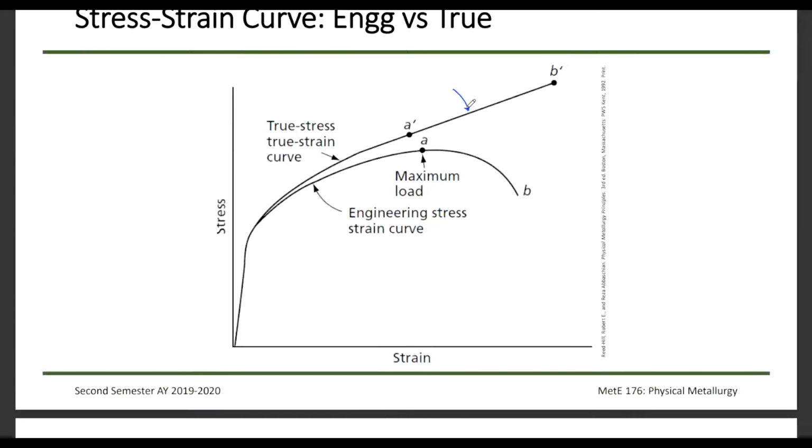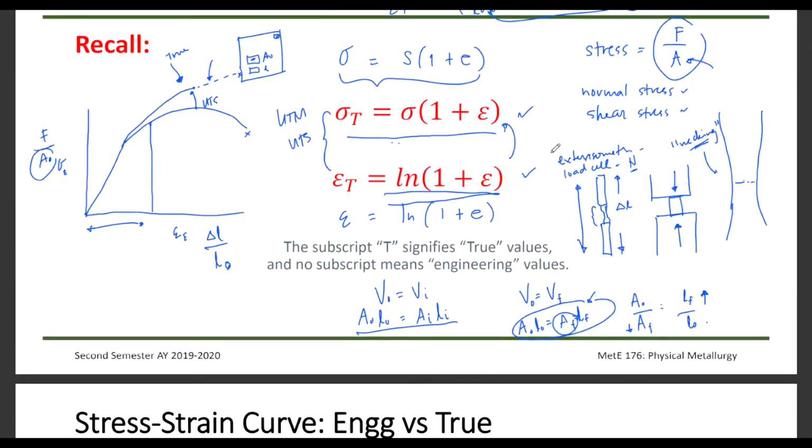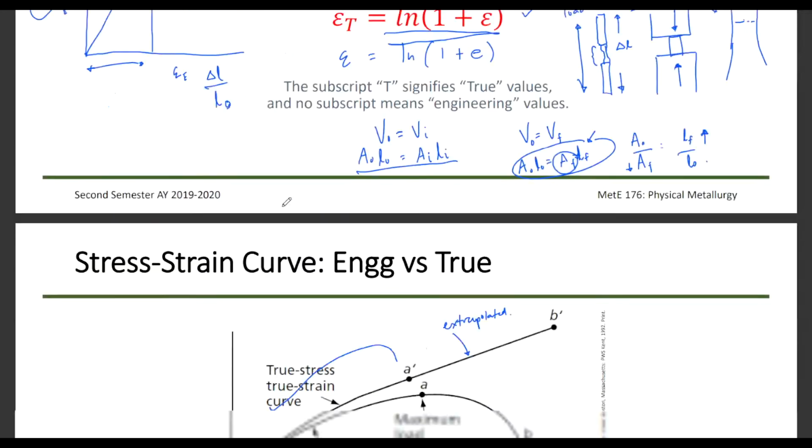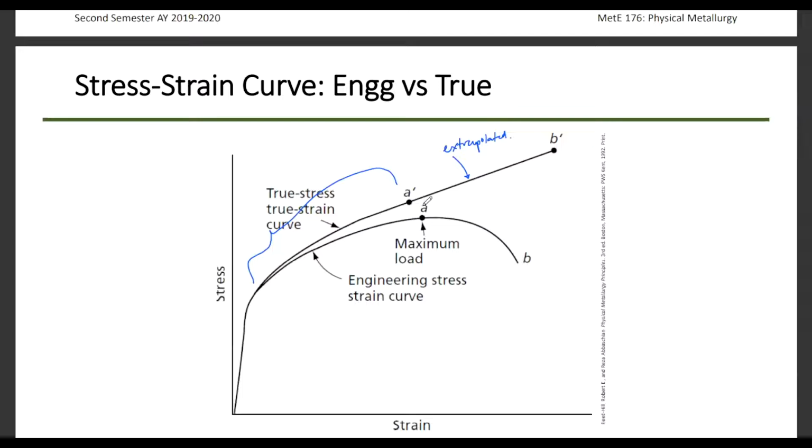This part A prime to B prime is just an extrapolated value. And the relationship we mentioned earlier is only applicable to this part of the curve, the plastic region, up to the UTS only. Here at A, this is the maximum load, sometimes known as the UTS.